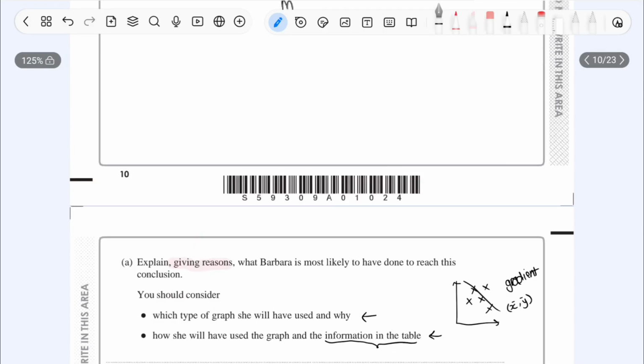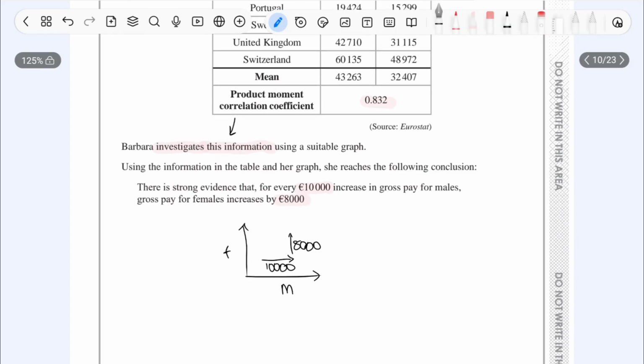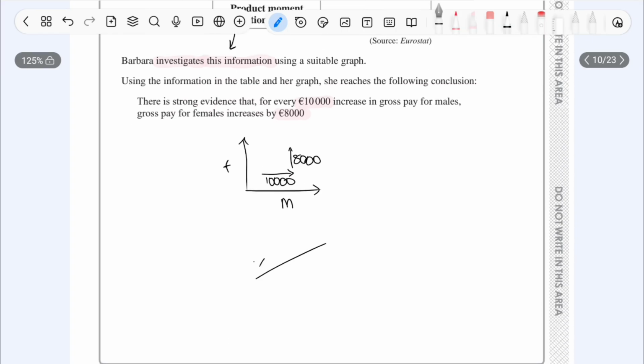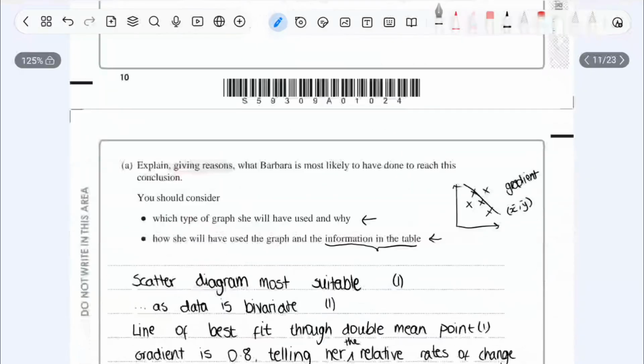And the last one is the PMCC. We haven't spoken about that yet in detail. The PMCC basically shows how close the points are to a line. So this and this could have the same PMCC, even though the gradient's different. The PMCC isn't to be confused with the gradient, which sometimes I feel it is.